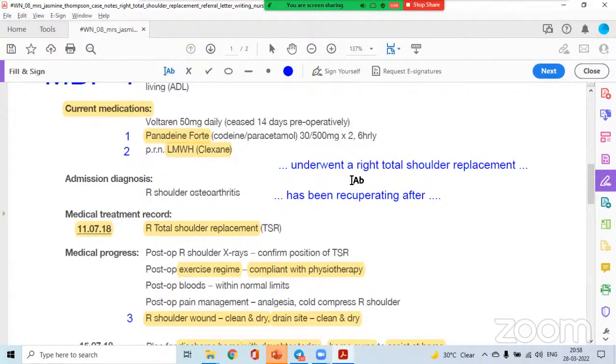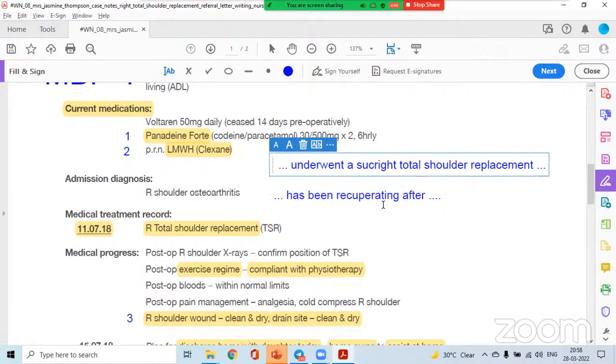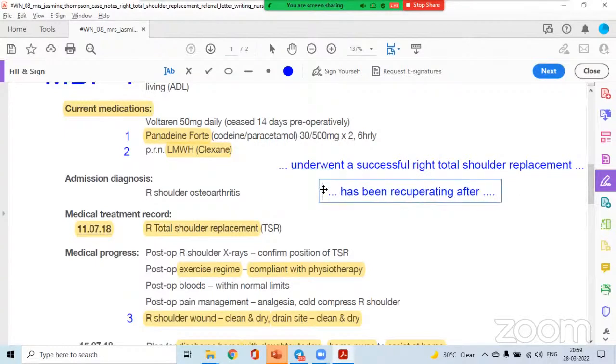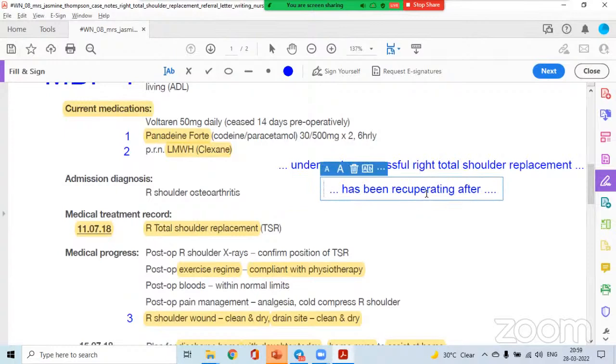So this is a way. Or you can say successfully: she underwent a right total shoulder replacement successfully, or she underwent a successful right total shoulder replacement. The same thing you can add here also. I'm just giving you an option. Anything you can use.